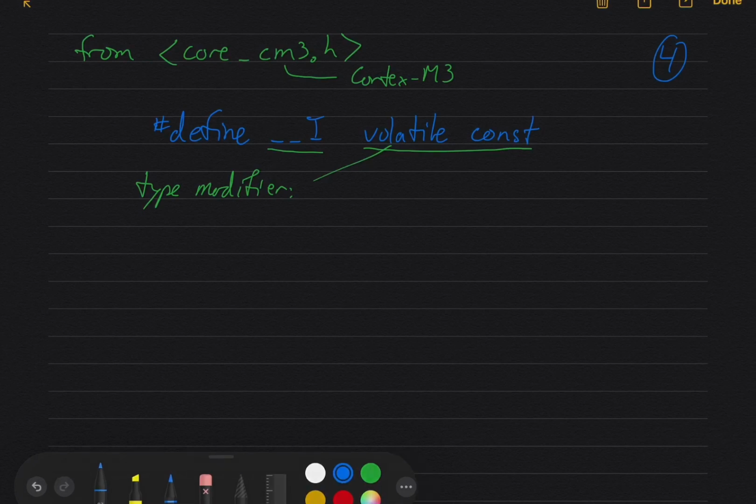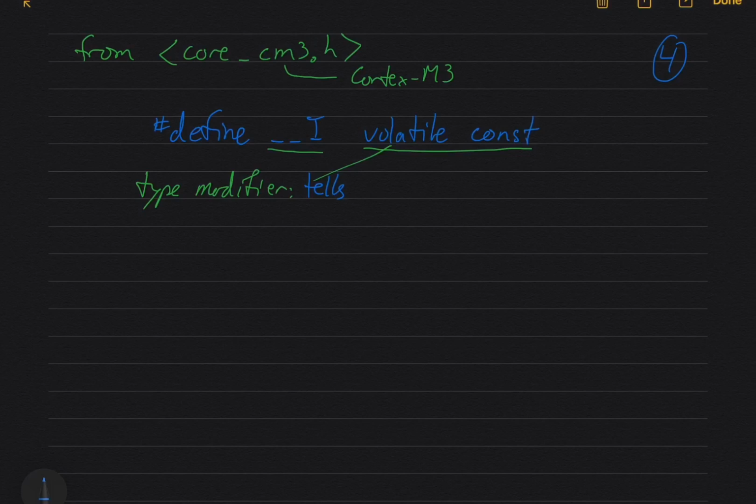With the case of volatile, what it does is it tells the compiler not to optimize out reads or writes to this variable.